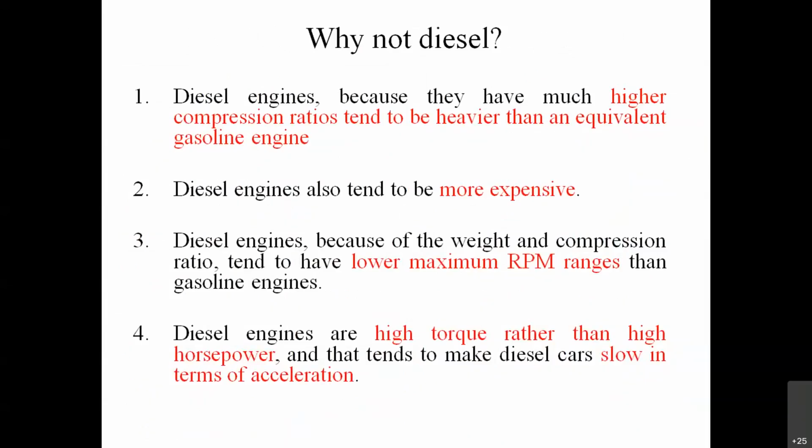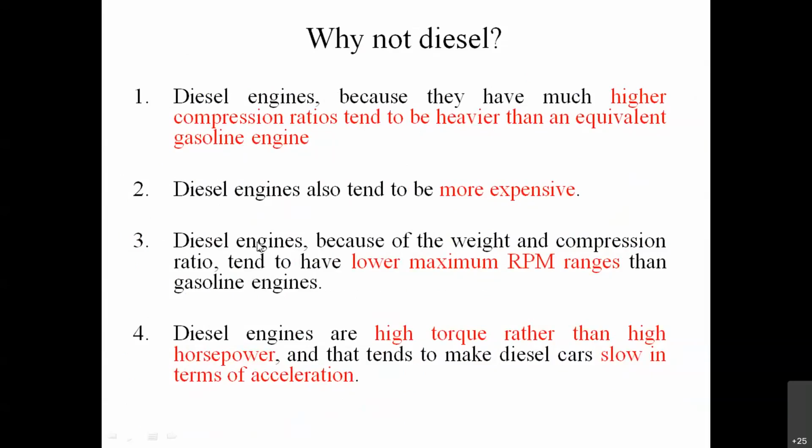Petrol engines are usually preferred for passenger cars. The reason is that diesel engines have a higher compression ratio, which tends to make them heavier than SI engines, and the initial cost is more as compared to petrol.